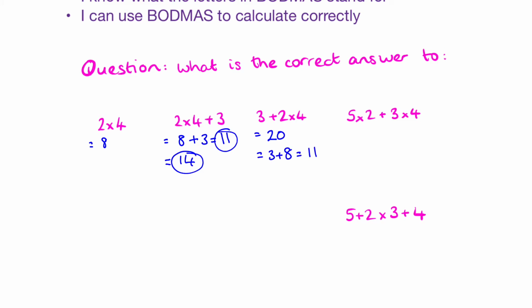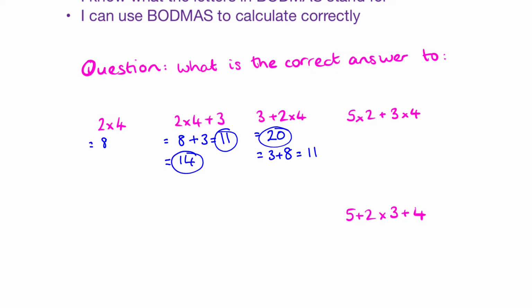So both of these questions here I've got a 3 and an add and a 2 times 4. But so far, look, we've managed to come up with 3 different answers to that. So that's very strange, isn't it? Because normally in maths, there's a correct answer, and that's the one that we need to get.